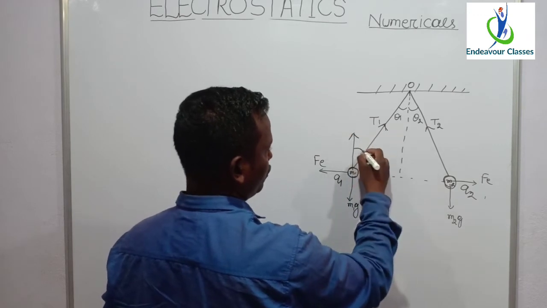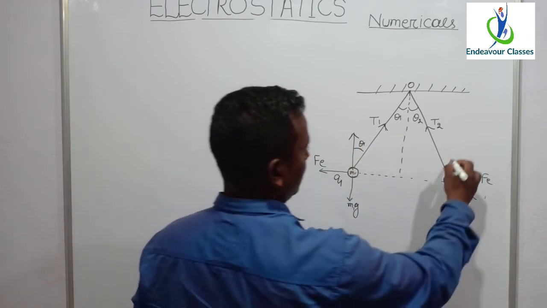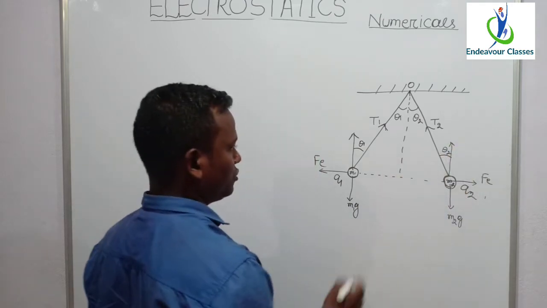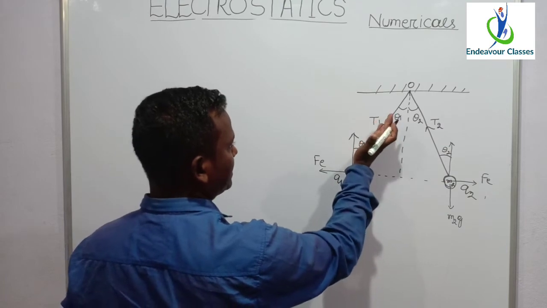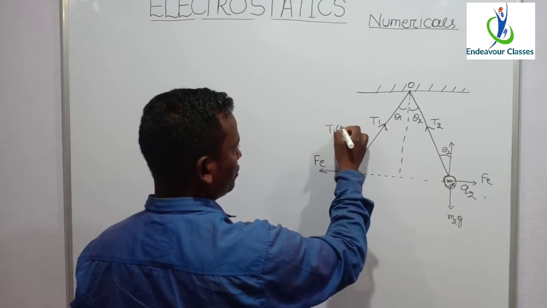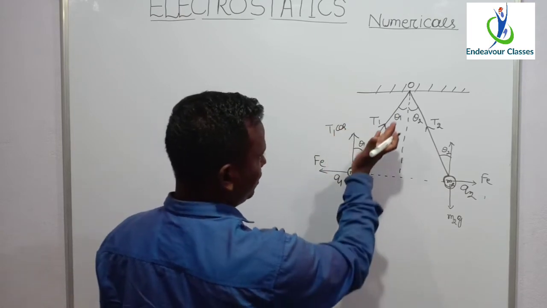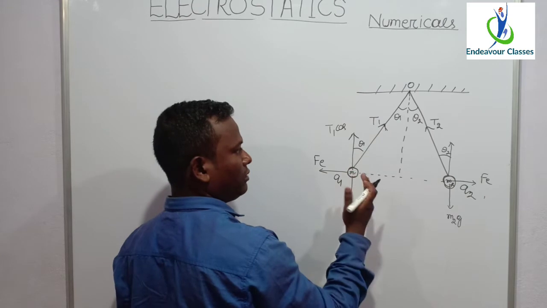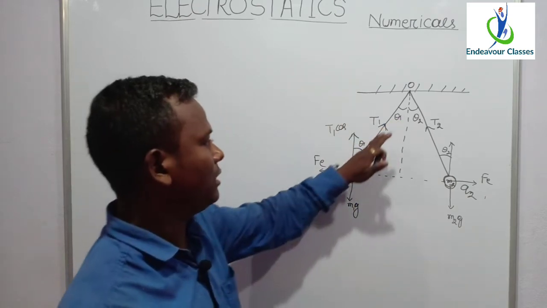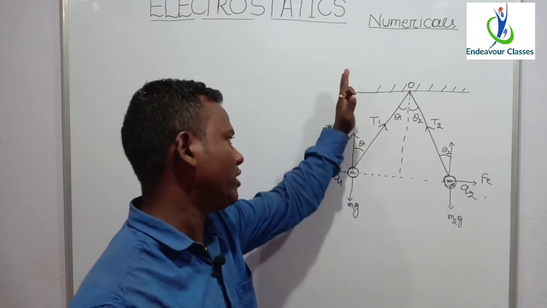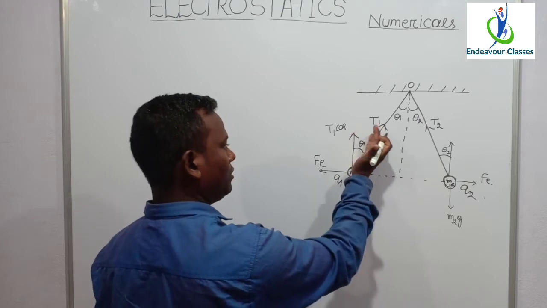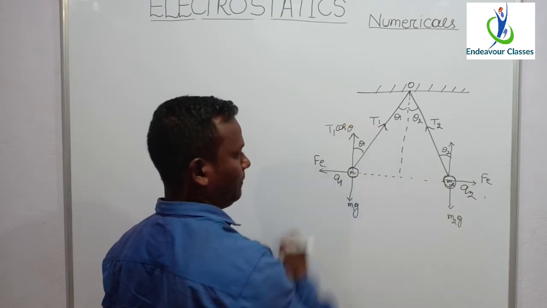Now you see, this angle will also be equal to θ1 by geometry, and this angle will be equal to θ2 by geometry. If you resolve the tension T1, that means the component of T1 along the vertical direction will be T1 cos θ.